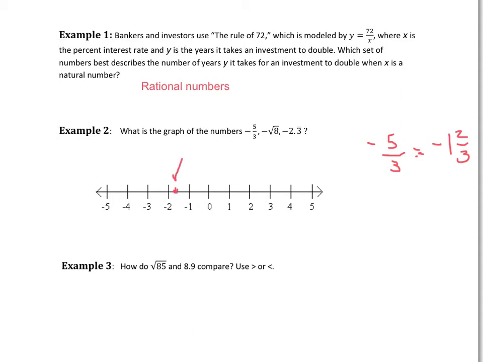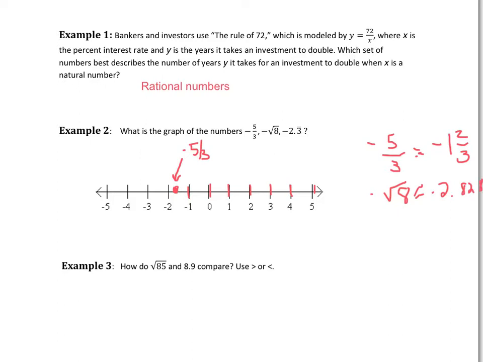So when you're doing this in your notes, make sure that you create a number line, put in reference points like your integers, and label those so we know where you're at on your number line. And so I'm putting in -5/3 there. Negative square root of 8, I would literally just put that in your calculator. That's approximately equal to -2.828.